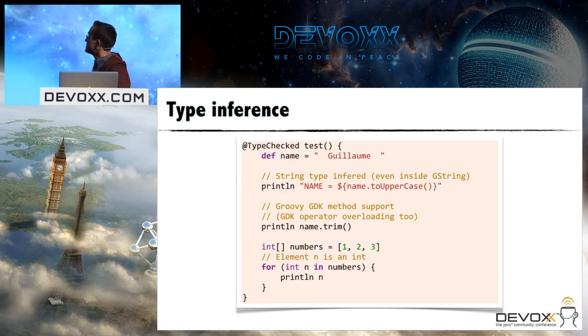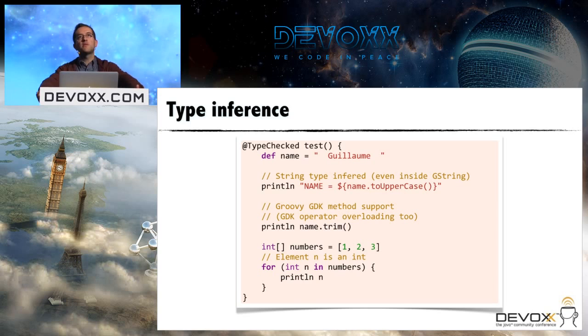It also supports type inference. For example, here I have a GString where I print a name, and I have the interpolated value with the dollar curly brace, and it won't complain because toUpperCase is a method on the string, so it's obviously understanding that.